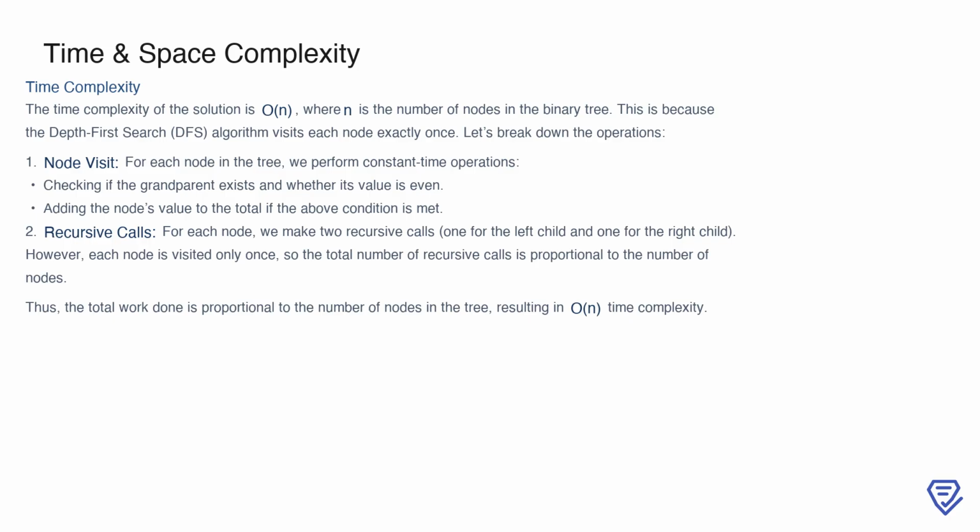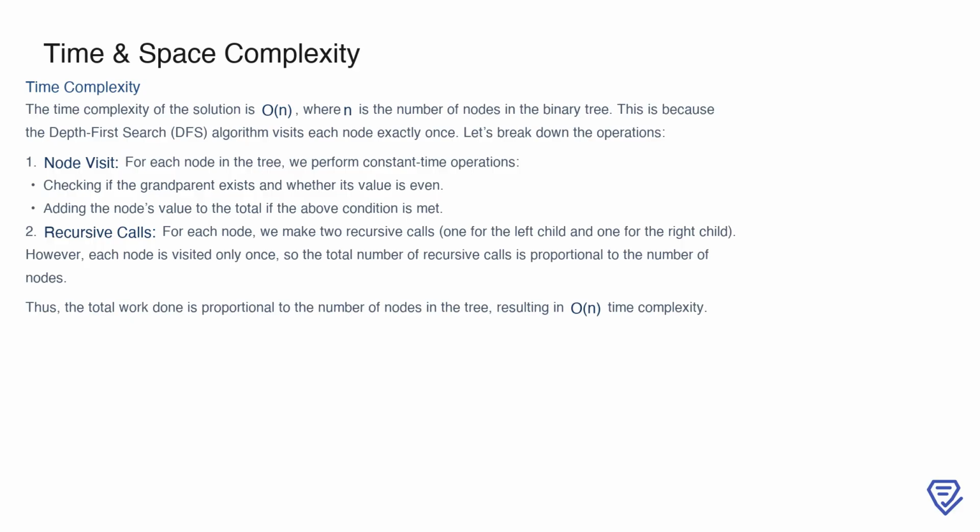The time complexity of our solution is O(n), where n represents the number of nodes in the binary tree. This stems from the fact that the depth-first search algorithm visits each node exactly once. To understand this, consider the operations performed at each node. First, we check whether the grandparent node exists and if its value is even. These are constant-time operations.